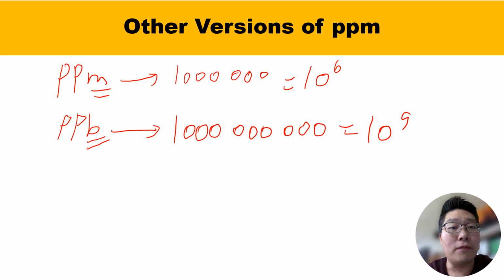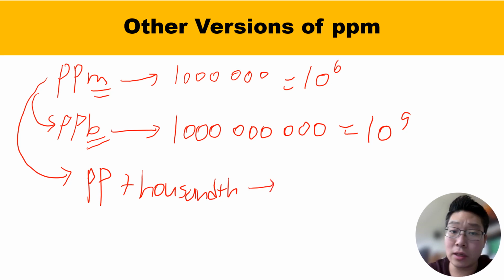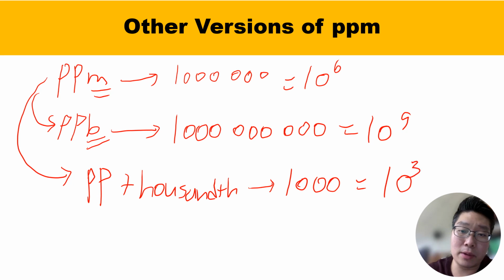Or if you go to a larger unit, you can also think about parts per thousand. And you may have already guessed it, it's 3 zeros, so it's 10 to the power 3.